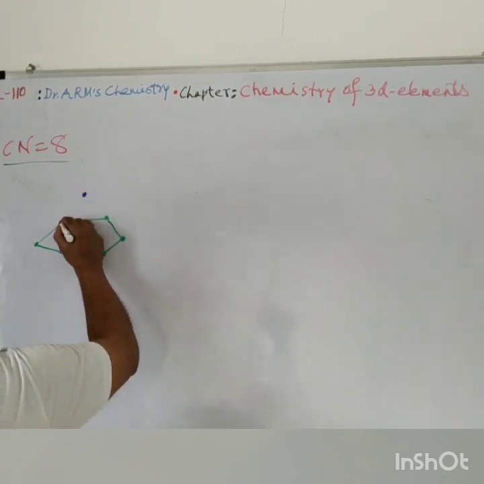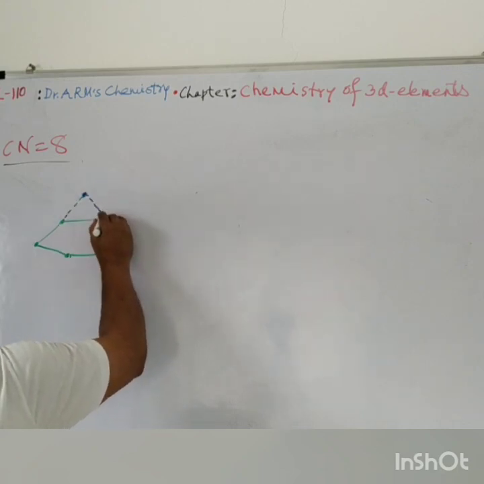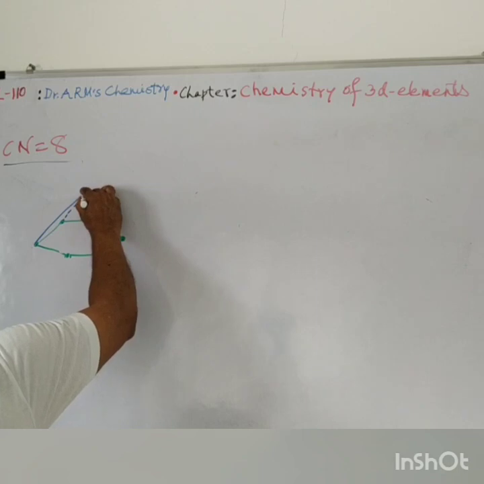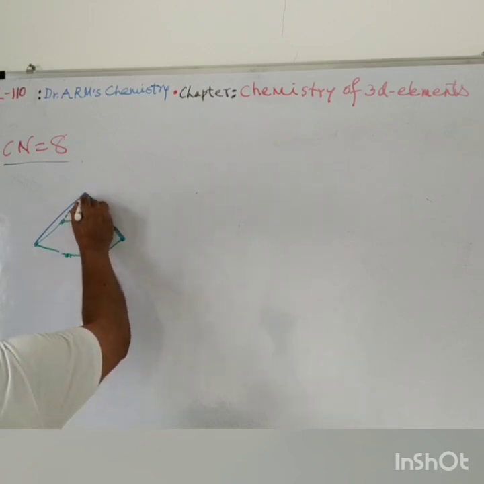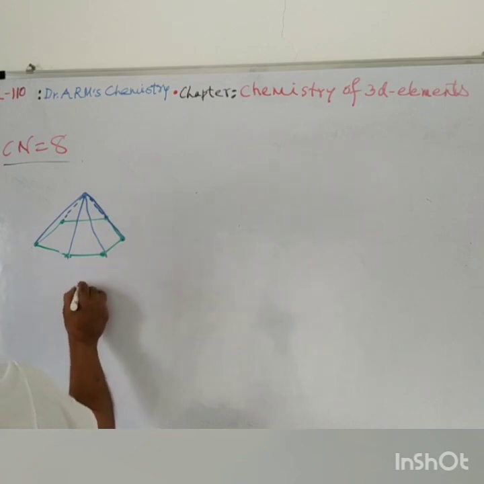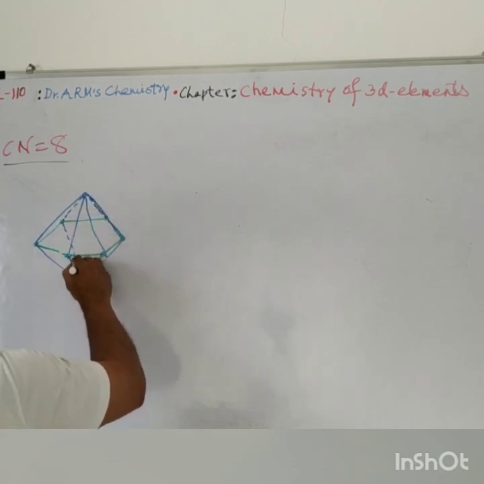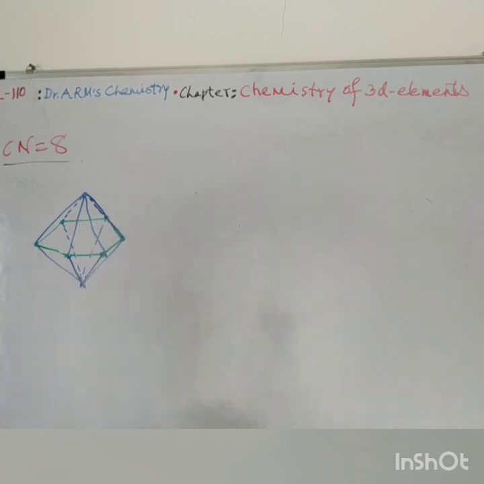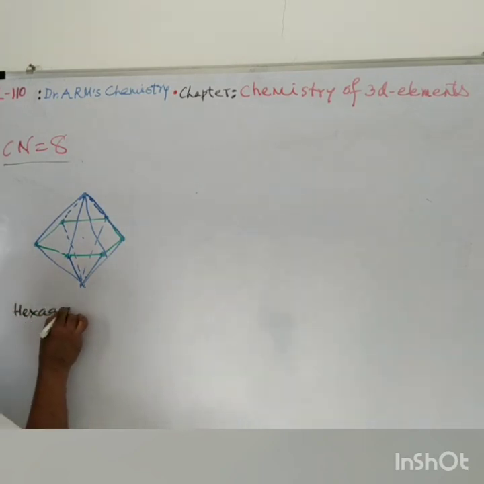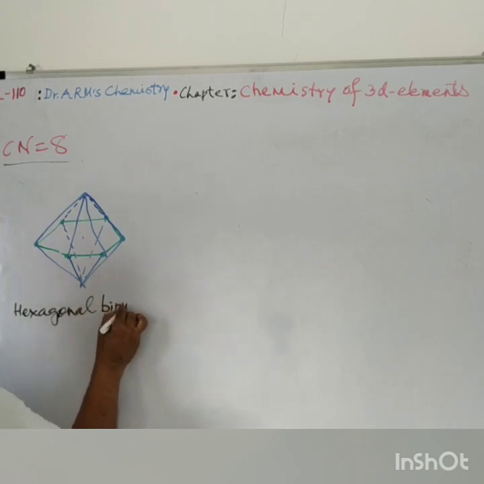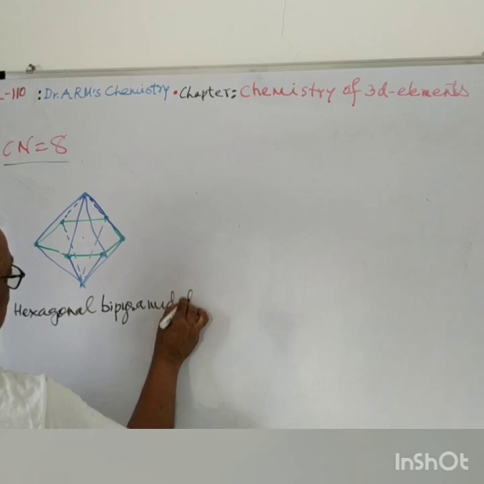So we can have one ligand above this, like this, one ligand below this, and a ligand at the center. This is our hexagonal bipyramidal.